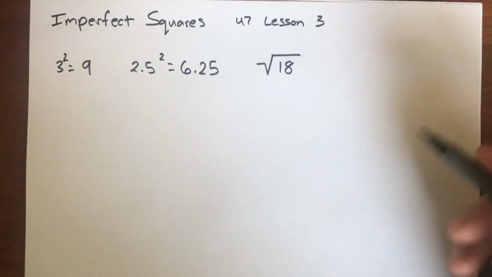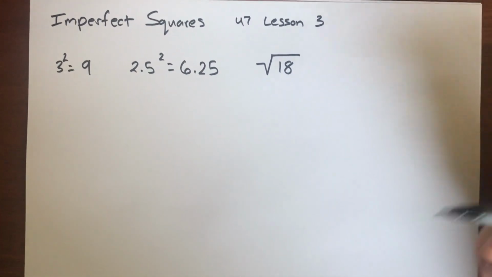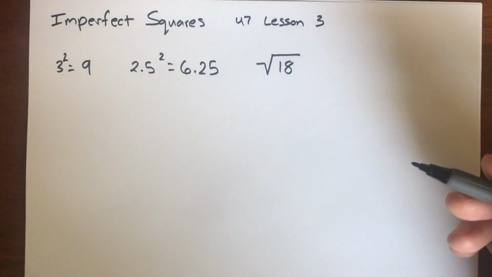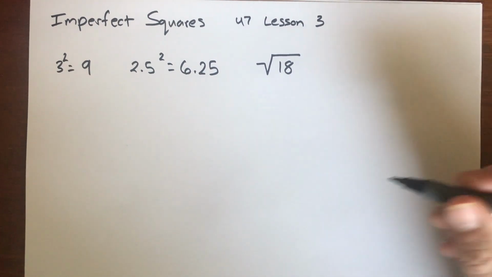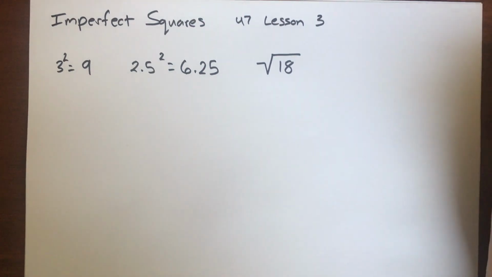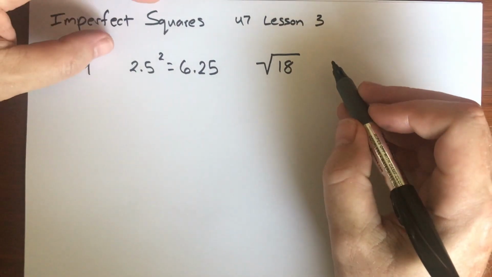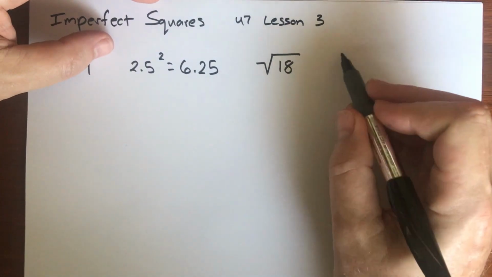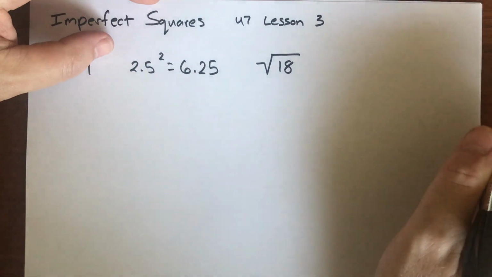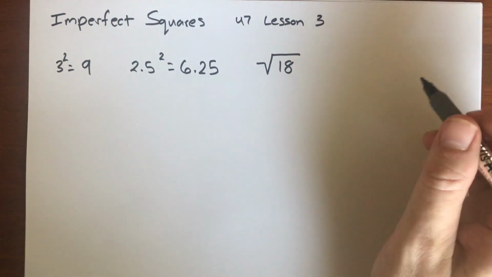Pi, 3.141592, on and on and on forever, is an irrational number because it never repeats, and the decimal is non-terminating. Well, square root of 18, same thing. It's not a perfect square, and so its answer is going to be positive or negative, some number, point, tons of different numbers after there.